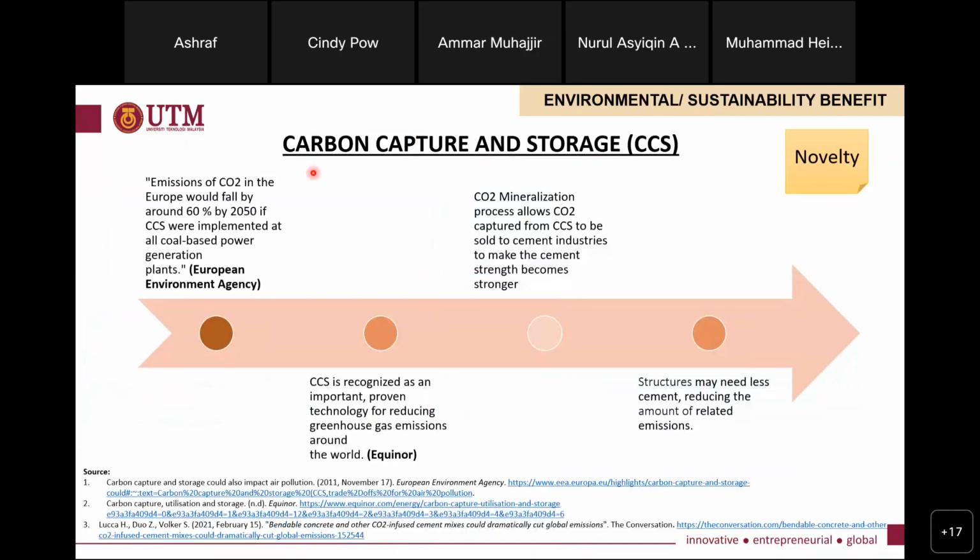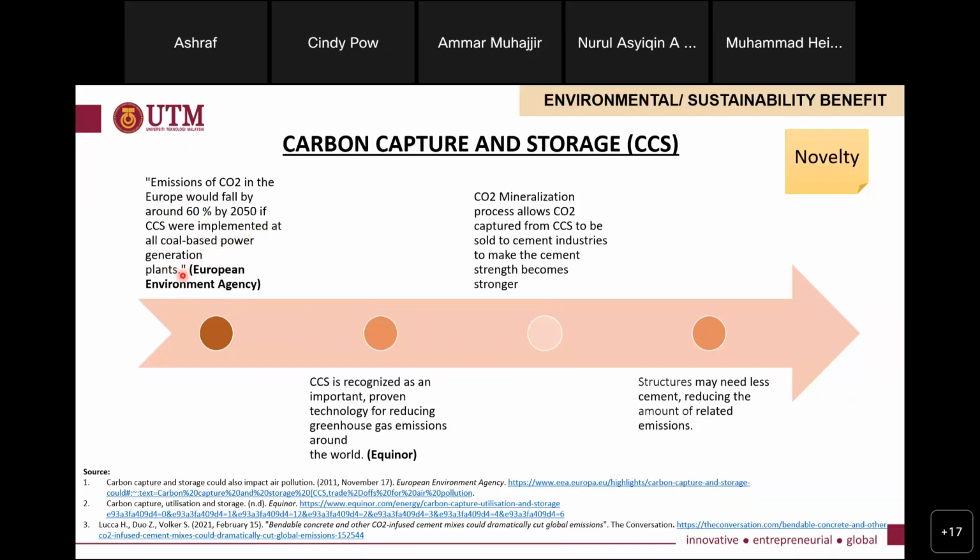So that is why we choose carbon capture and storage as our way to handle carbon dioxide emission. For CCS, from what the European Environment Agency said, they mentioned that the emission of carbon dioxide in Europe would fall by around 60% by 2050 if CCS were implemented at all coal-based power generation plants.